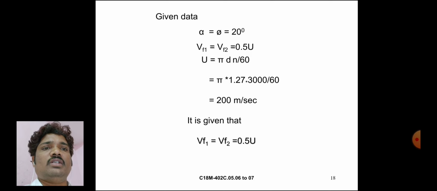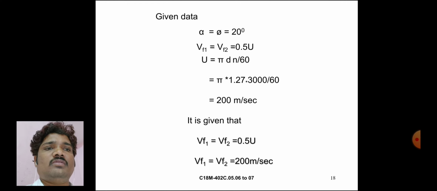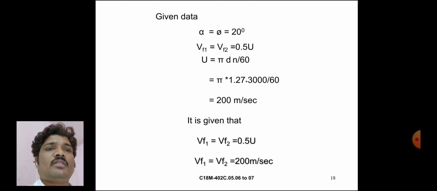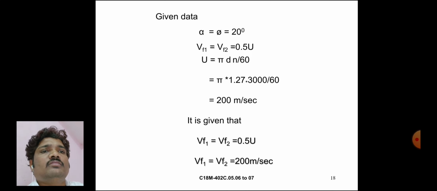It is given that Vf1 equals Vf2 is 0.5 u, so 200 into 0.5, we will get Vf1 and Vf2.